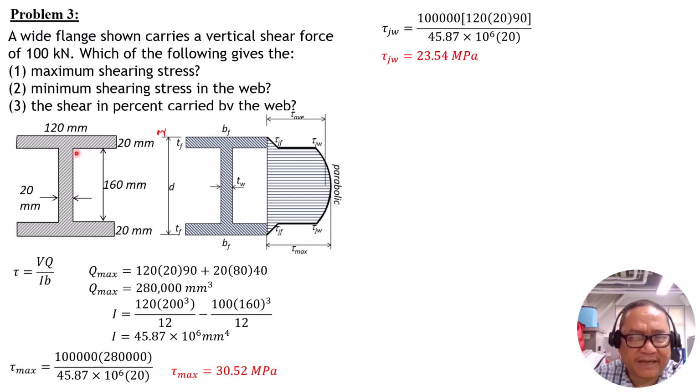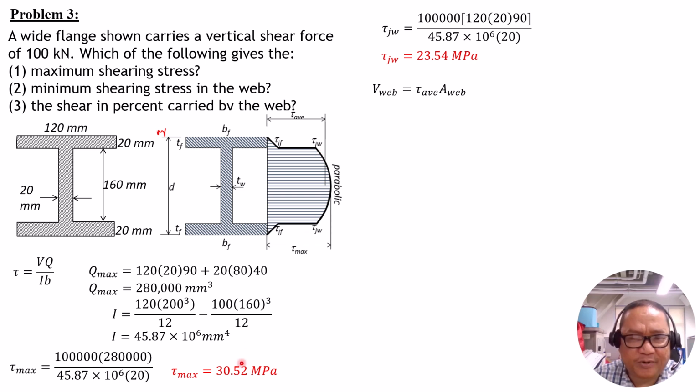And finally, the shear in percent carried by the web. The shear force carried by the web, vertical shear, is the average shear stress in the web times the web area. And remember, the average shear stress is equal to tau JW plus 2/3 of quantity tau max minus tau JW.